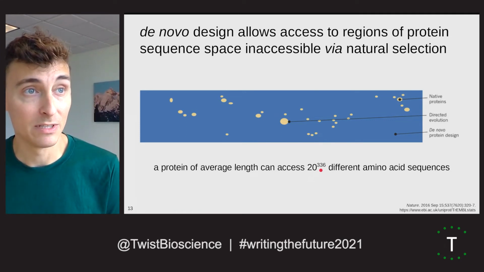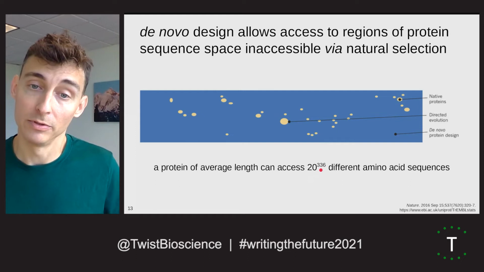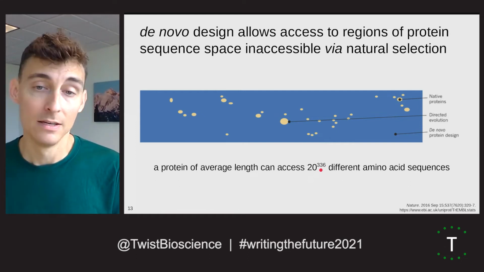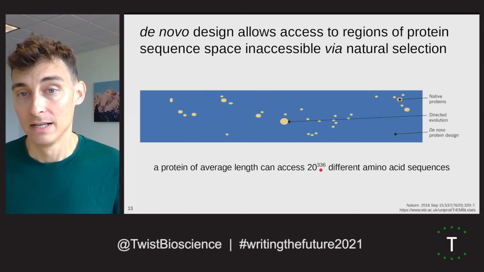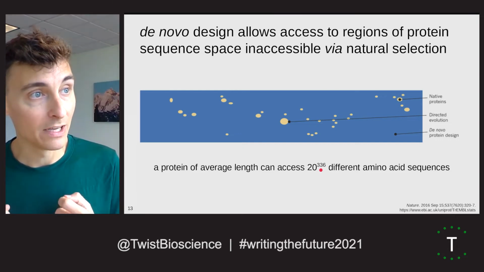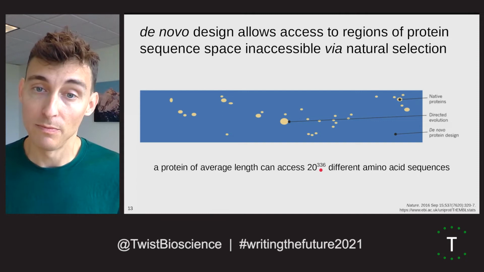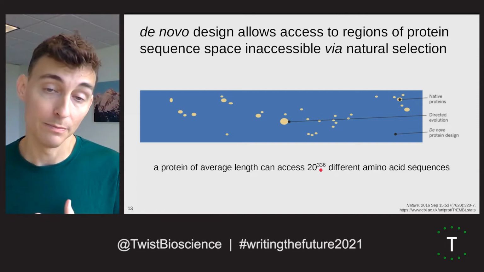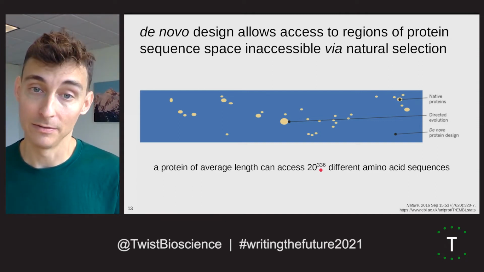Currently, our best estimates for the number of atoms in the observable universe is about 10 to the 80th. So we have explored a fantastically small portion of the potential that protein has as a material.